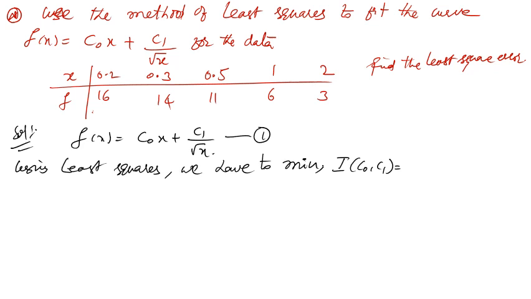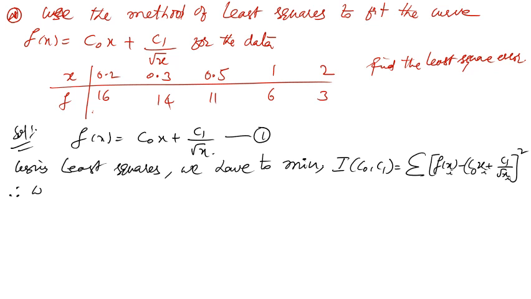Two constants are there, right? Since it is discrete data, I can write sigma of f of xi minus the curve, c naught x plus c1 by root x, whole square. I have to minimize this.